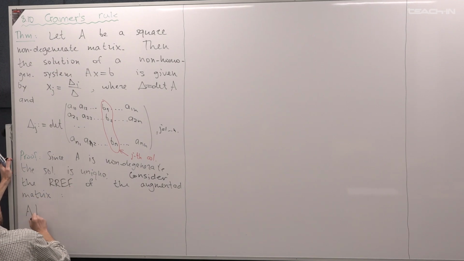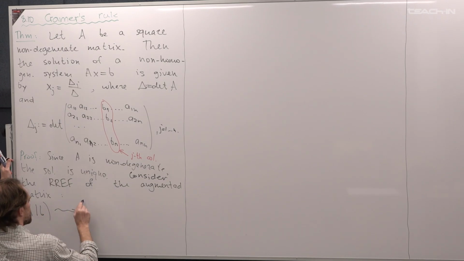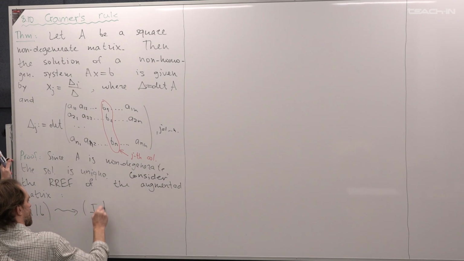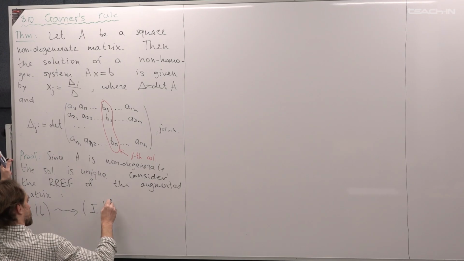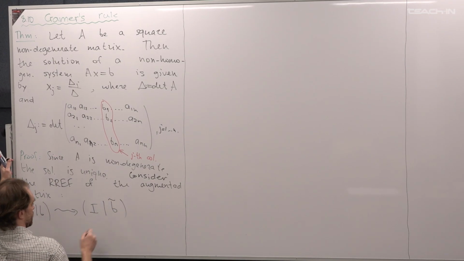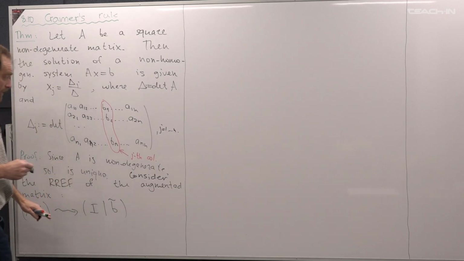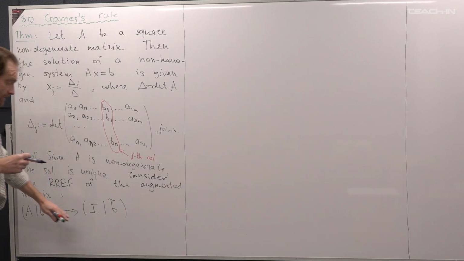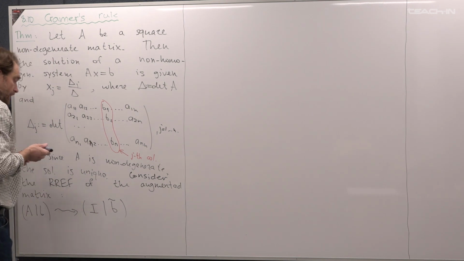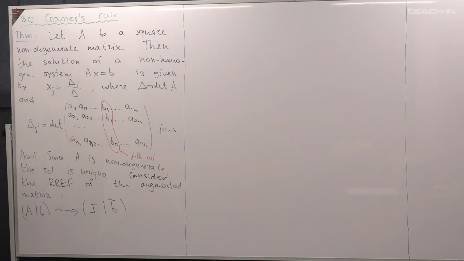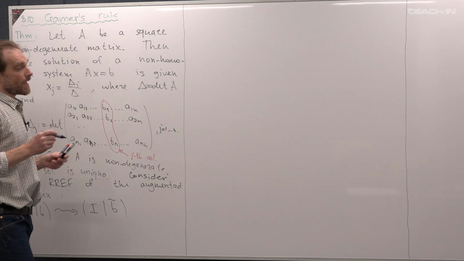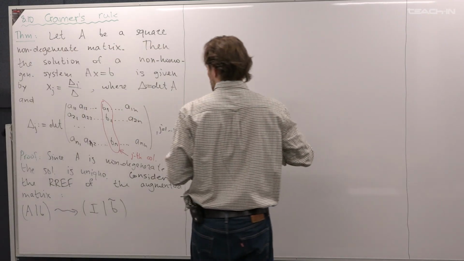So we start with the initial matrix, then we apply elementary row operations, and we get the identity matrix on the left-hand side, just because our matrix is non-degenerate. So the reduced row echelon form of any non-degenerate matrix is the identity matrix.